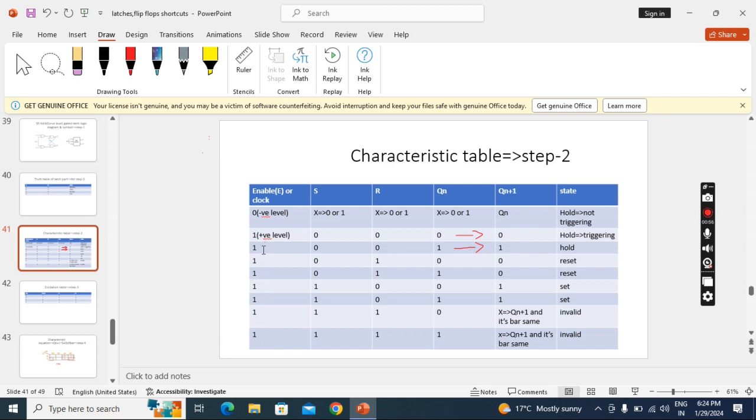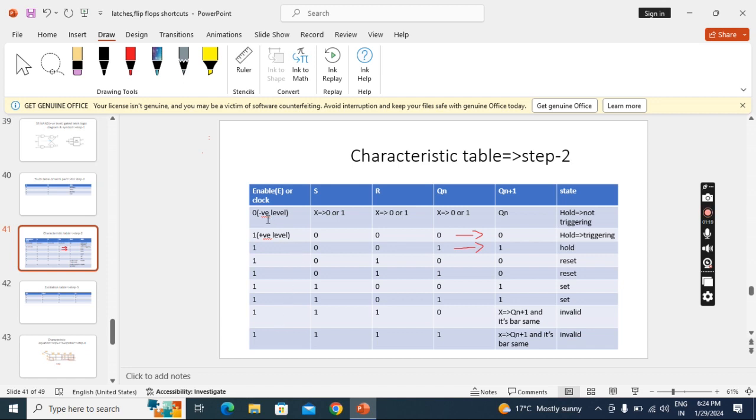And we will see what happens when we apply 0 also. For a positive level circuit, if we apply 0, a negative level, what will happen? And if we apply positive level, what will happen? We will see both.